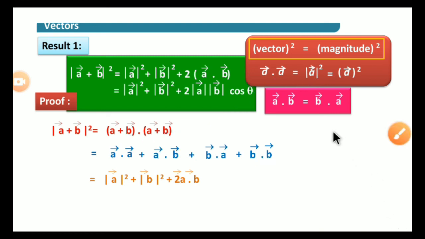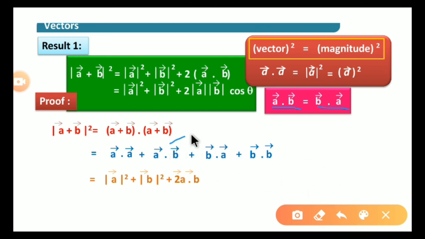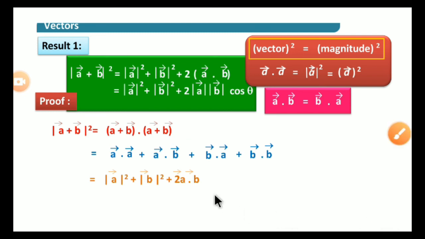Now already we have seen that A dot B can also be written as B dot A, because dot product is always commutative. So we can take these two as equal. Therefore, we can write it as 2 into A dot B.